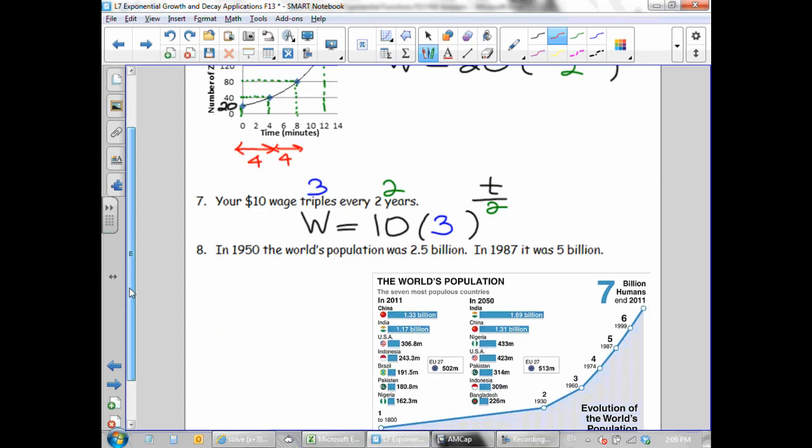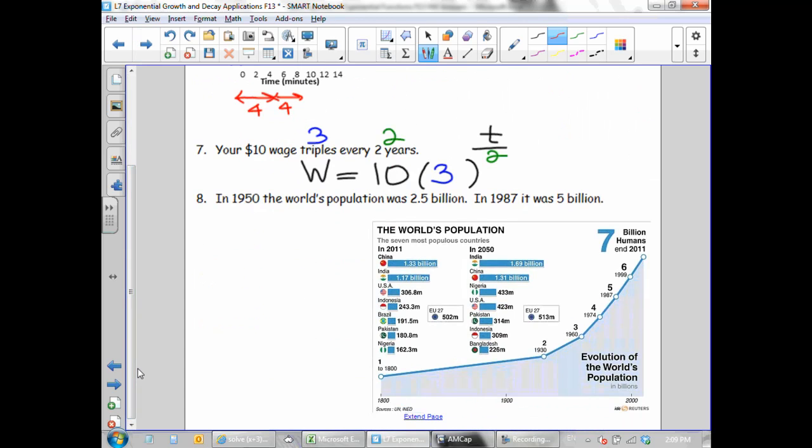Okay, so this one. This is very real figures, by the way. This is true that about 1950 we were 2.5 billion. Now we're pushing 7, 8, I think. But back in 1987 it was 5. How do you do this one?